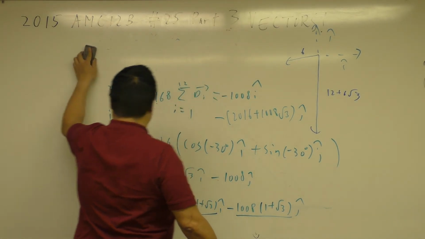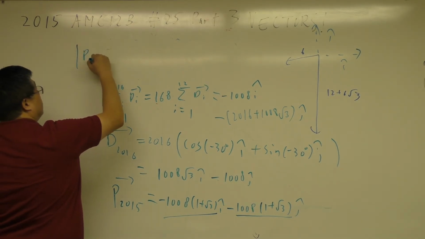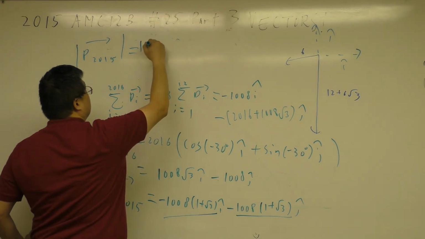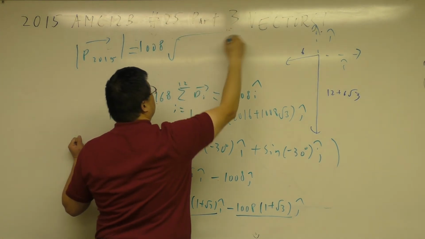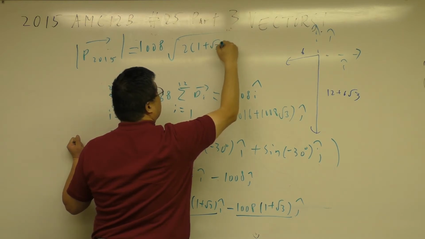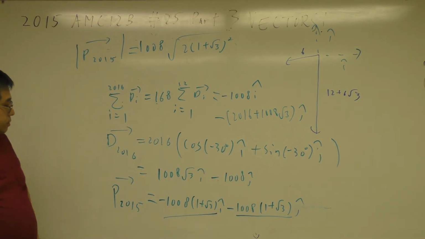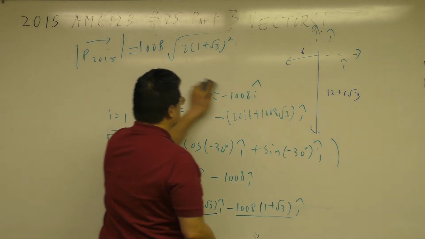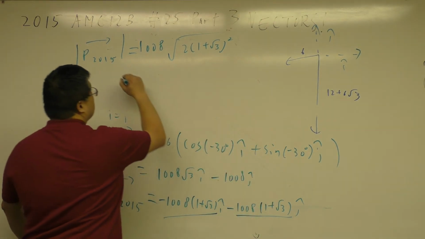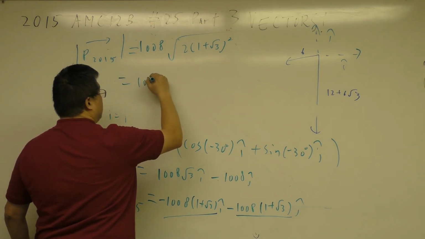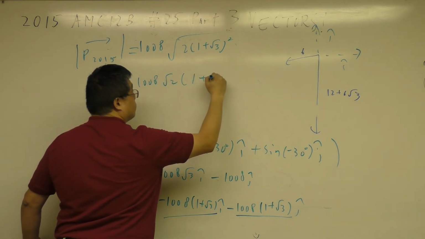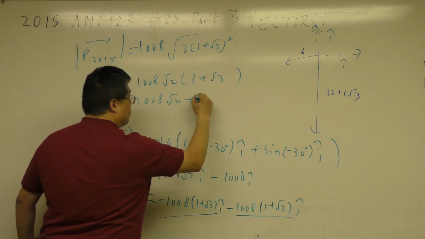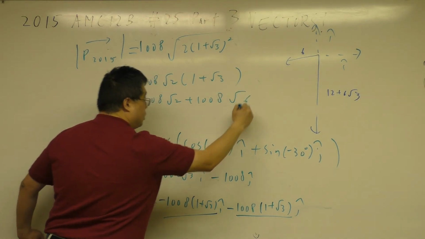So the magnitude of P2015 is equal to 1008 square root of 2 times the quantity 1 plus square root of 3 squared. Well, that's not hard. That's 1008 square root of 2 times 1 plus square root of 3, which is 1008 square root of 2 plus 1008 square root of 6.